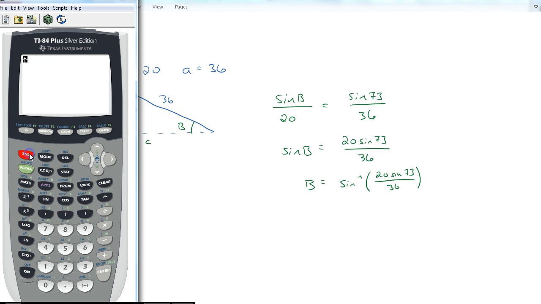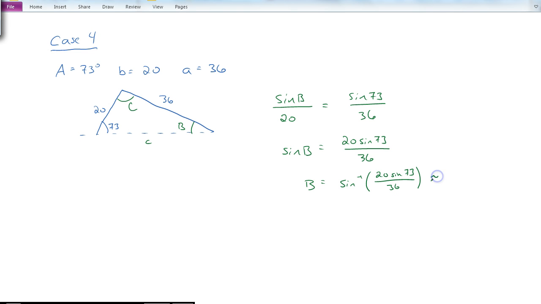So inverse sine of 20 sine 73 divided by 36. This is roughly 32.092 degrees.